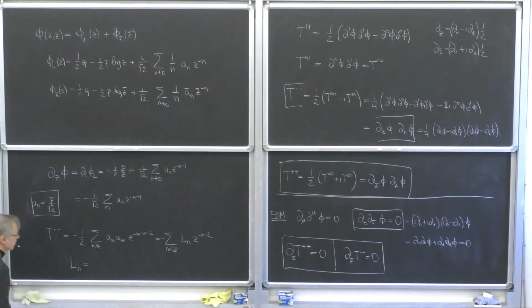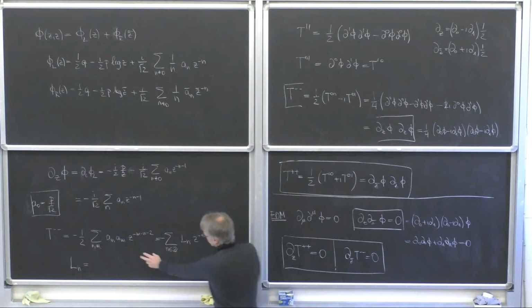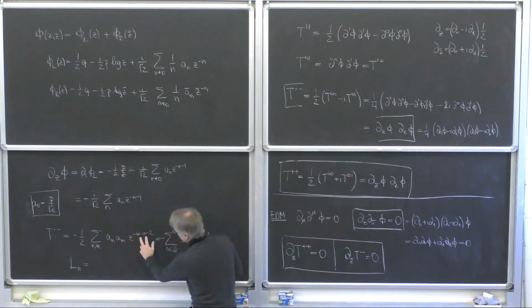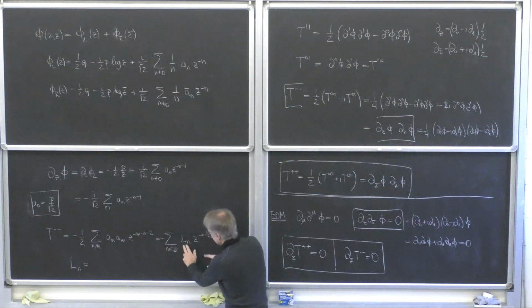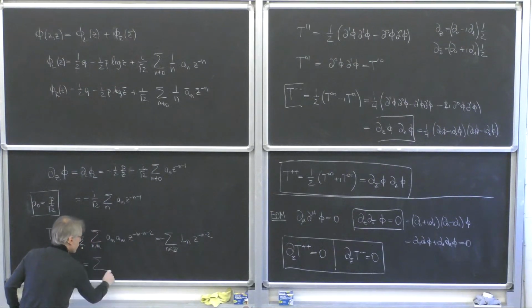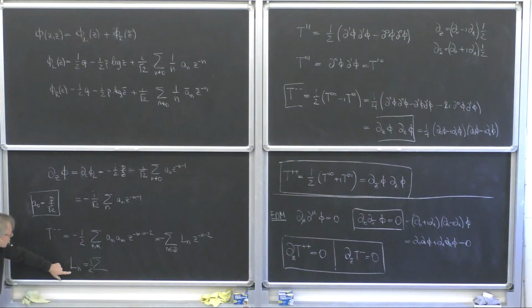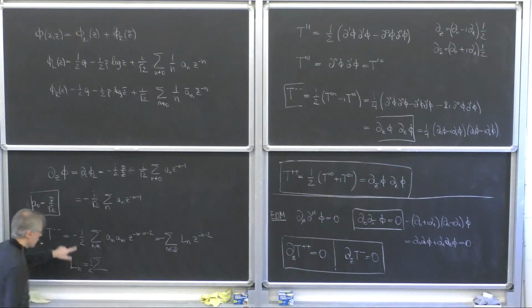So what is this? We've just reorganized our sum. You see, the terms where n plus m add up to a given number are the terms that contribute to this L_n. So the L_n consists of all the terms with a factor of a half. So the half goes into the definition of L, and the minus sign stands outside.